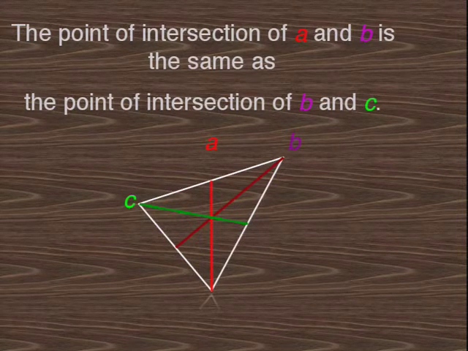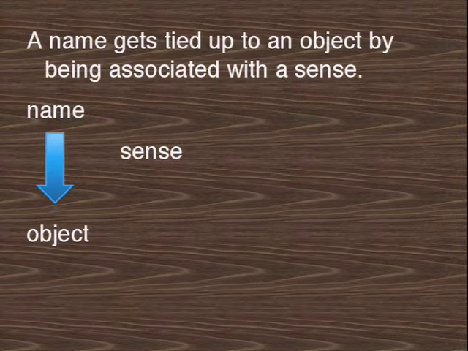His explanation of how there can be two different modes of presentation of the same thing is to give you two different descriptions. So this is a description, and this is a description. Now, our problem was, how does the name get hooked up to the object? How does language connect to the world in the first place?